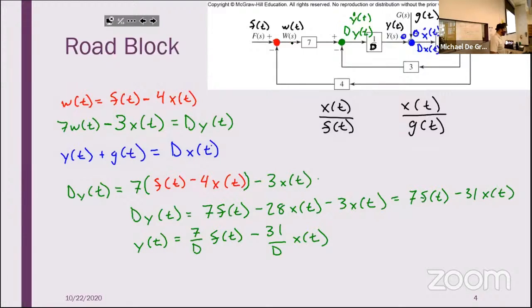Just did a little algebra. Remember, you can treat the D as an algebraic variable. You can just treat the D like it's a variable there, and I want to get y of t by itself. Why? Because I'm going to plug that into the blue equation. Is everybody with me so far on this?